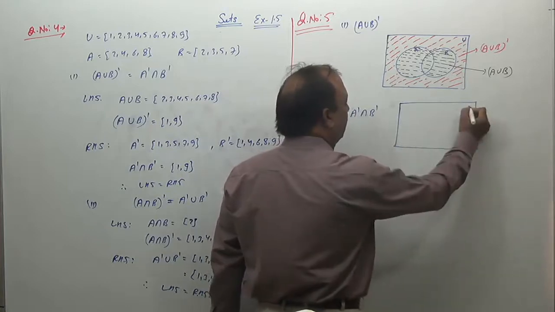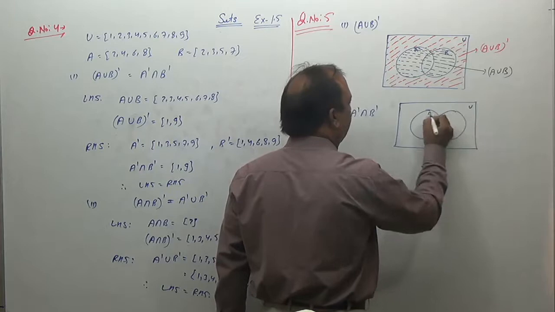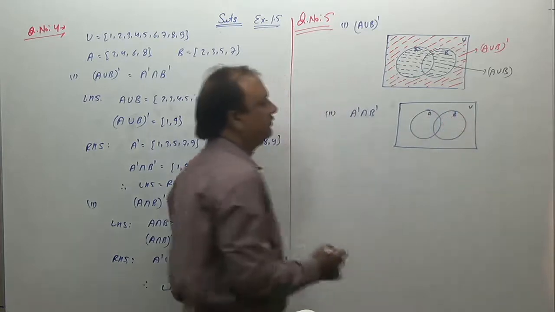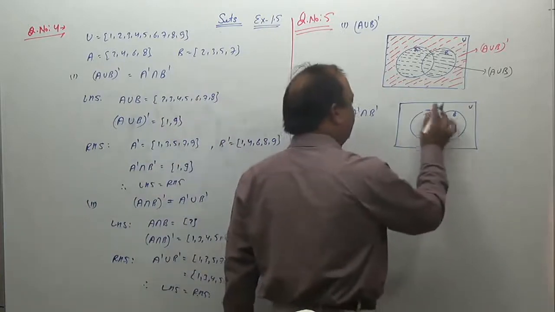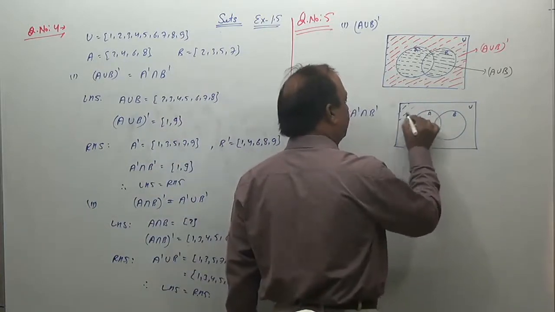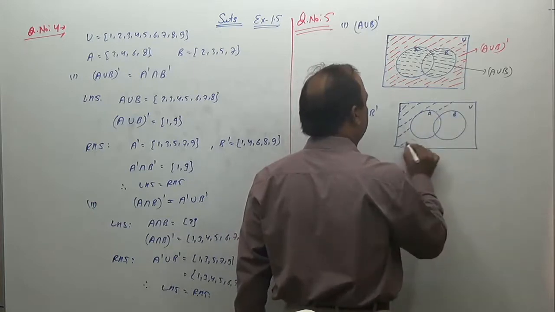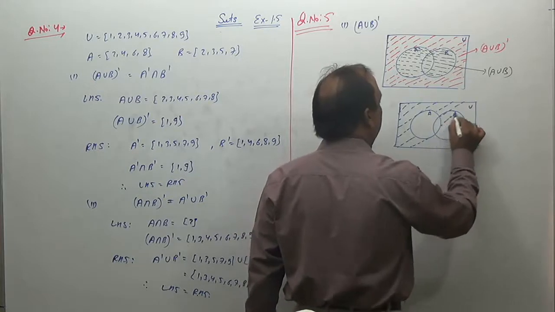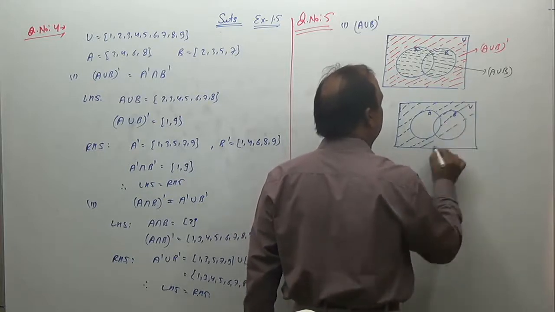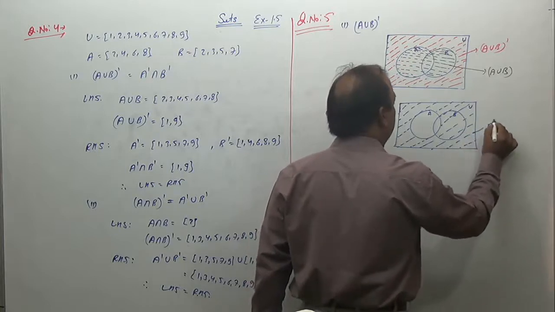Suppose this one is the universal set, this set is A and this one is B set. First of all, taking their complement. So, A set को छोड़कर बाकी जो बचता है, this one is called A complement. This black shaded portion is called A complement.